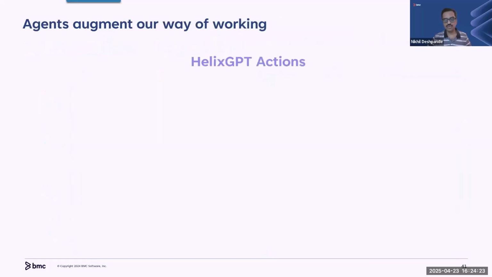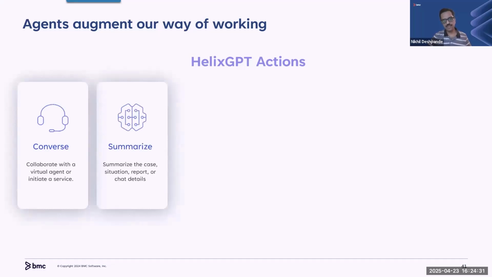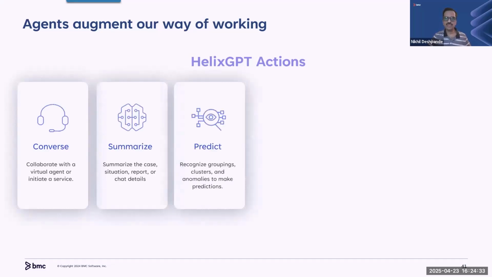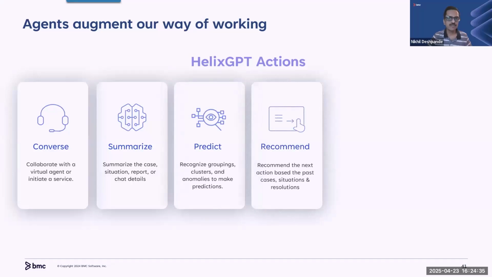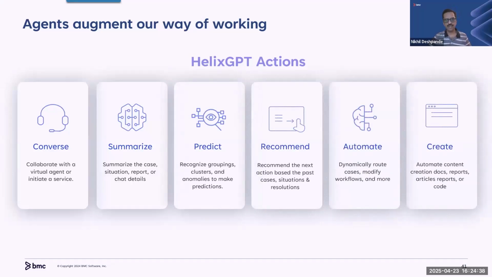We are cognizant of the impact that AI can have on further growing our service ops vision. And we have come up with a number of actions that we have started to embed in BMC Helix products that make it easier for you to interact with the service desk or with your tools. So you'll be able to converse with the agents or with a virtual agent, summarize based on data.